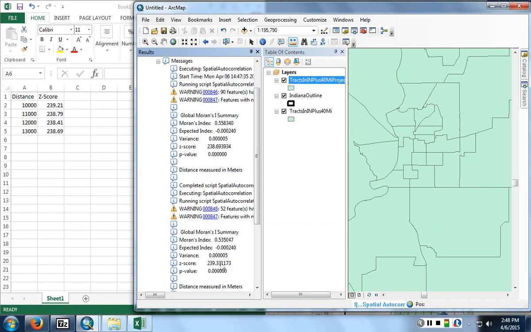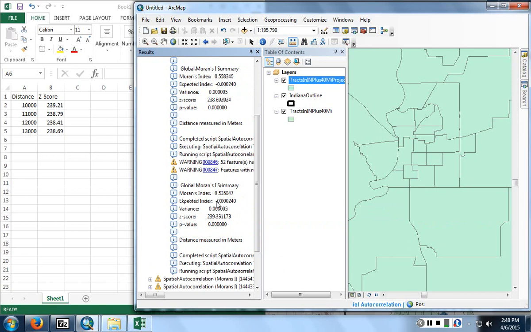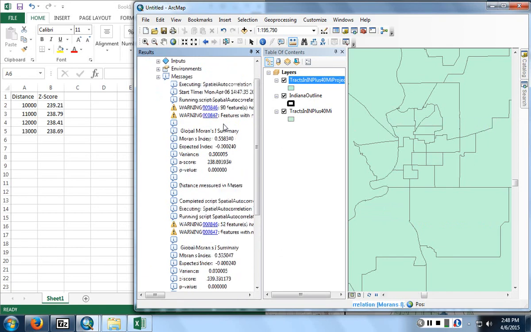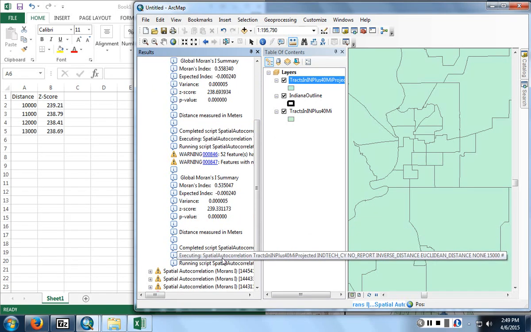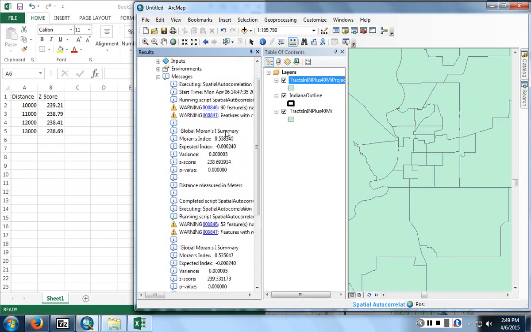Let's see where it puts them. So it sticks them on the end.